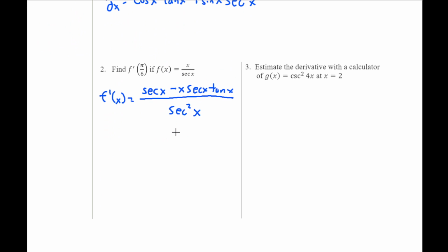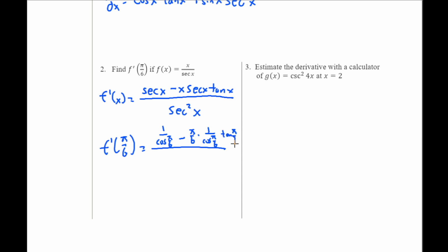So if you want to type this on the calculator, like find f prime of pi over 6, instead of secant of pi over 6, you do 1 over cosine pi over 6 minus pi over 6 times 1 over cosine pi over 6, because secant pi over 6 is 1 over cosine pi over 6. And then you should have the tan button, so it'd be tan pi over 6.